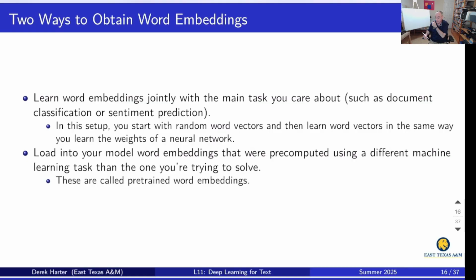They're pre-computed using different machine learning tasks than the one you're solving, but you can bring those in and use those pre-trained word embeddings. But as we'll see, Keras has libraries of pre-trained models for vision tasks, but it doesn't have a corresponding one for word embeddings. So usually you have to go and find the word embedding and download it yourself, and then load it in as a pre-trained, already set up word embedding space.